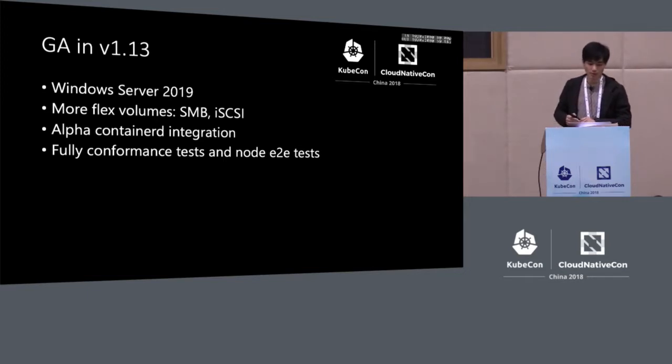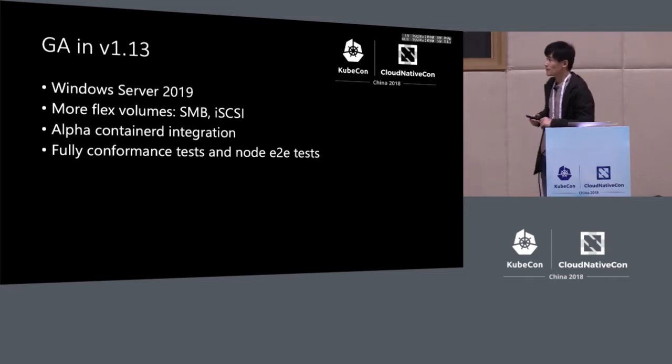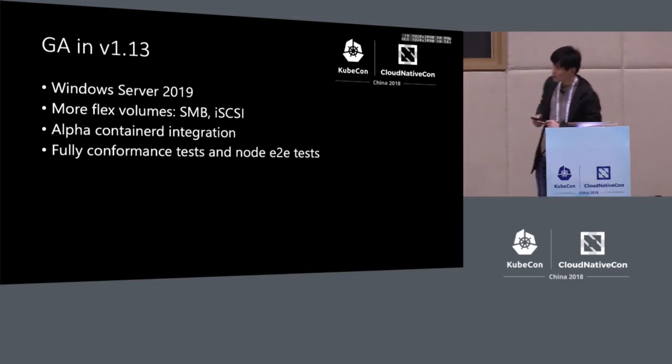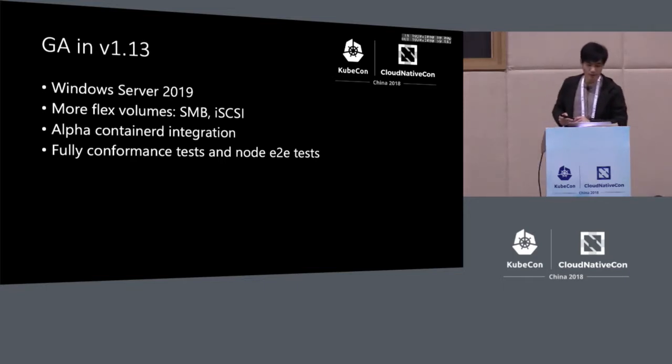And also for the storage plugins, we will support more. In terms of FlexVolume, SMB and CSI are supported, but CSI is not completely ready, so the support for CSI cannot be included. Also, now in our community, the container runtime interface, like containerd, will be supported in Alpha.